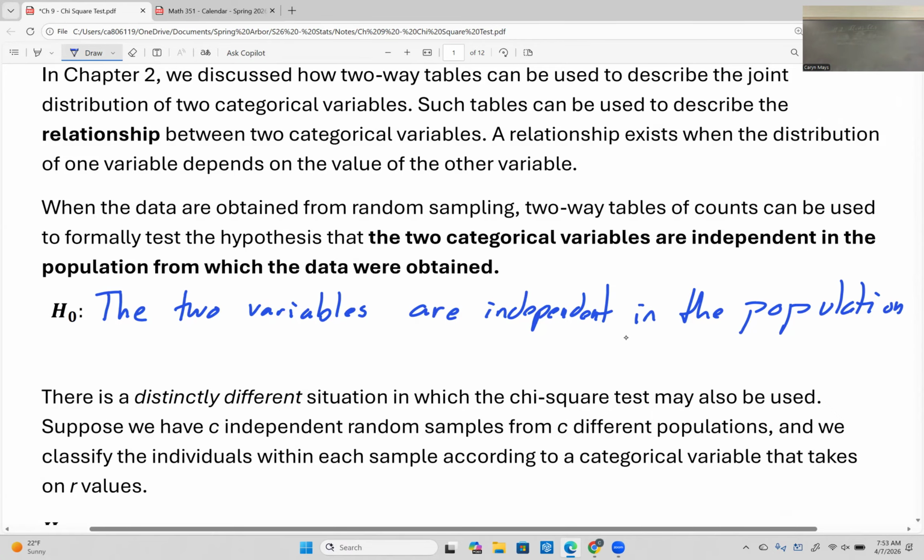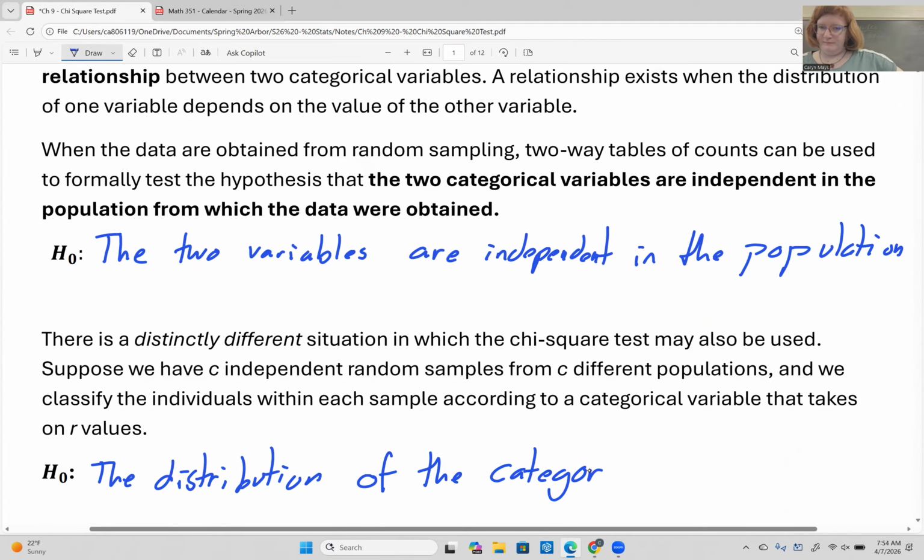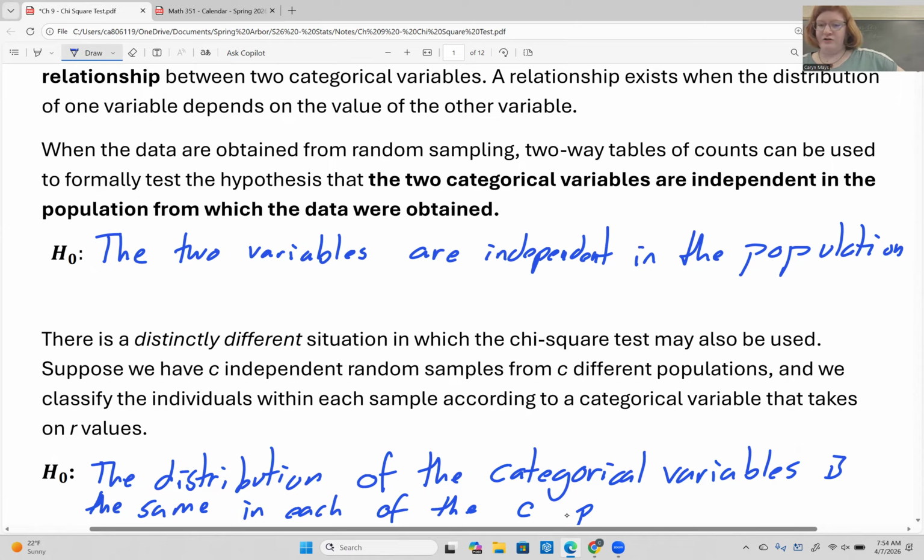And then the test that we're going to be doing has the null hypothesis that the distribution of the categorical variables is the same in each of the C populations.